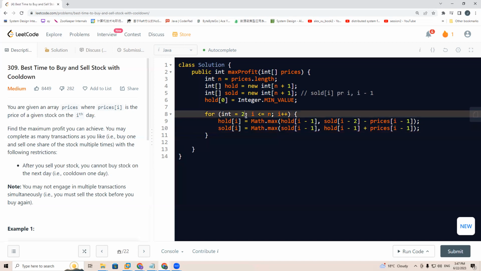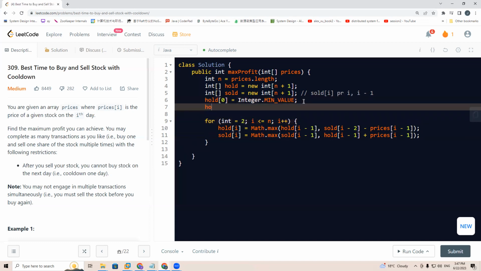So we also need to initialize hold[1], because sold[1] will be the same with this formula, it will still be 0.